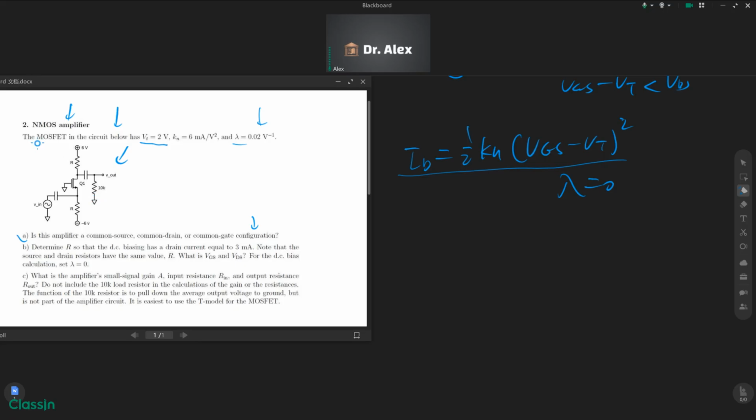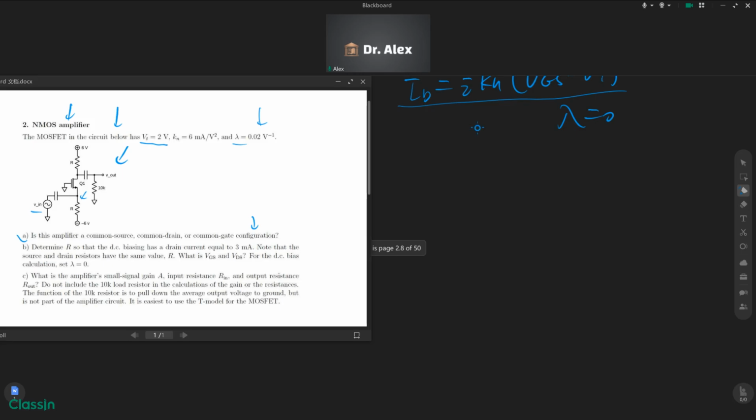We can see the input signal is applied at the source, because this is the structure for NMOS. We can see this arrow. The part with the arrow is the source.